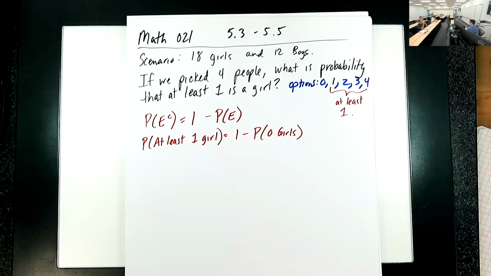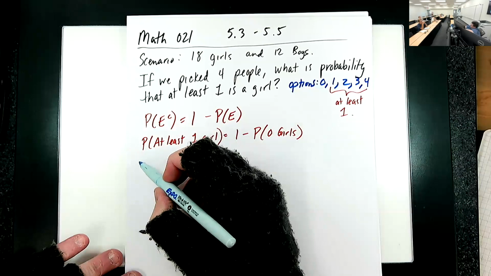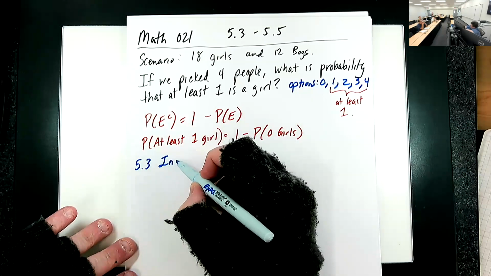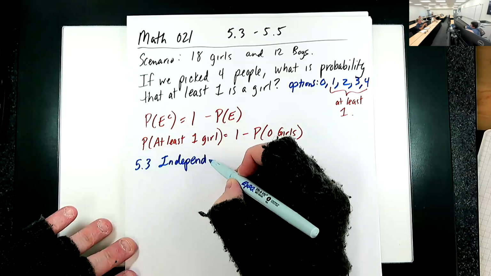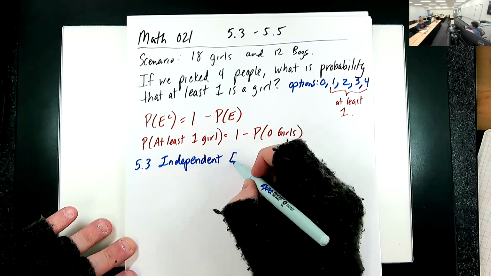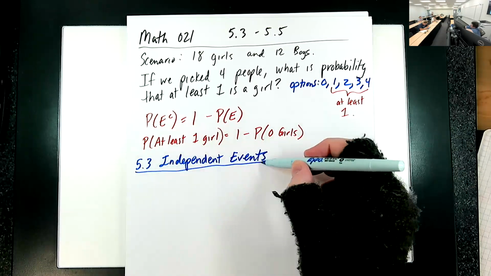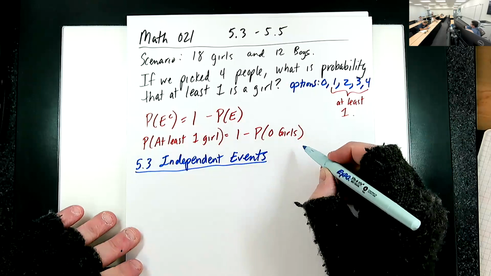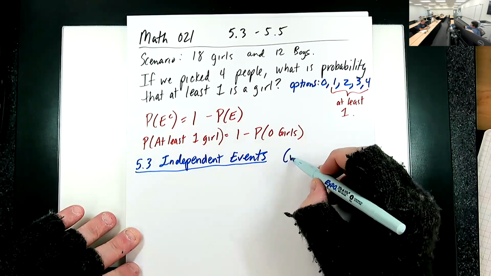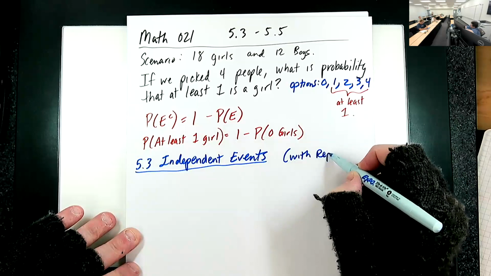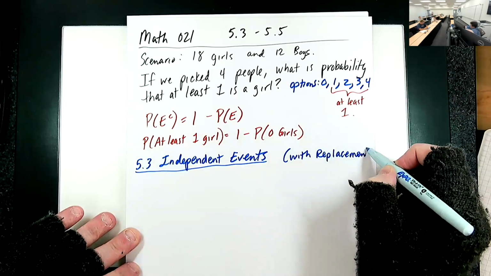So we'll show this 2 ways based on the next 2 sections. 5.3 is on independent events. And in this category, when we're doing stuff with cards, and in this case with people, this is where we are replacing the object or person after we draw.